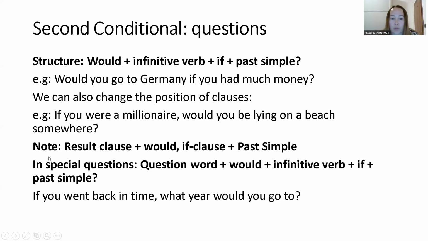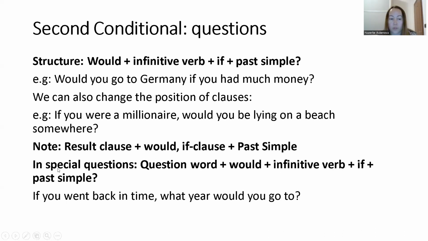Please remember that the result clause is would and the if clause is past simple. We cannot change this. You have to use the if clause in past simple and the result clause with would.